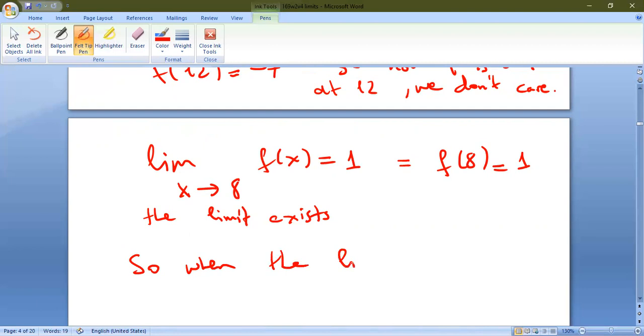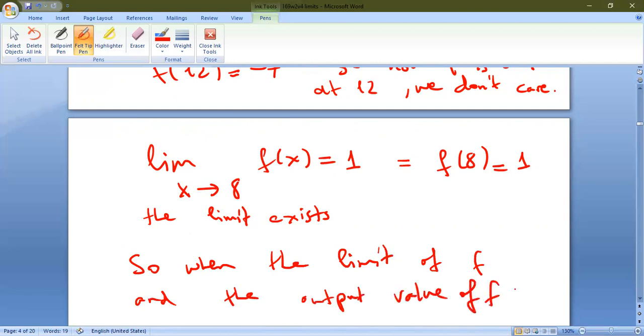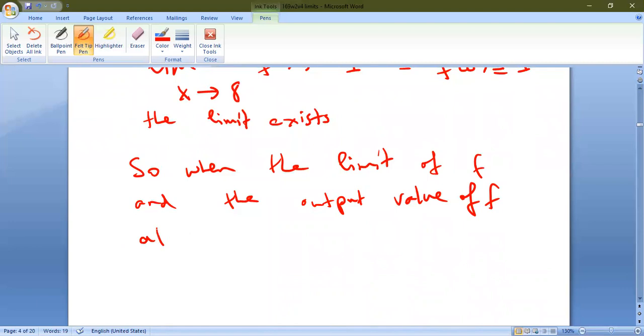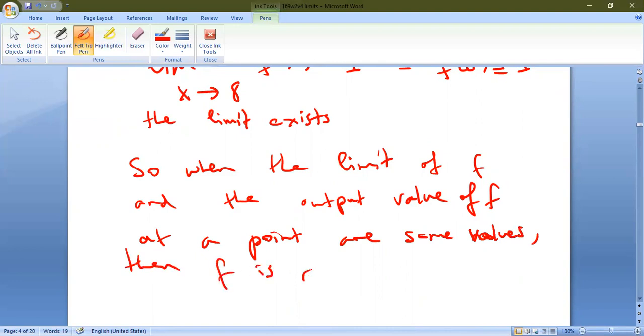So when the limit of f and the output value of f at a point are the same numbers, the same values, then f is called continuous at that point.